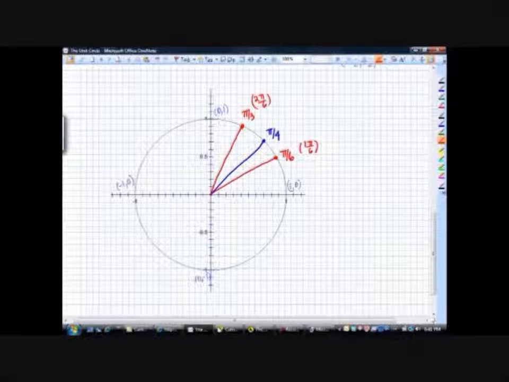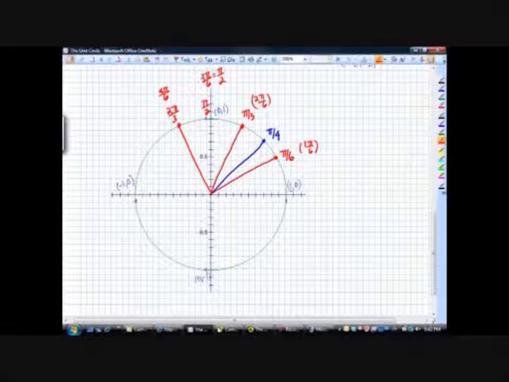Now, pi over 2 here is 3 pi over 6, which is pi over 2. So now we need to find 4 pi over 6. 4 pi over 6 is the same thing as 2 pi over 3. That's going to be in quadrant 2 because that is greater than pi over 2.